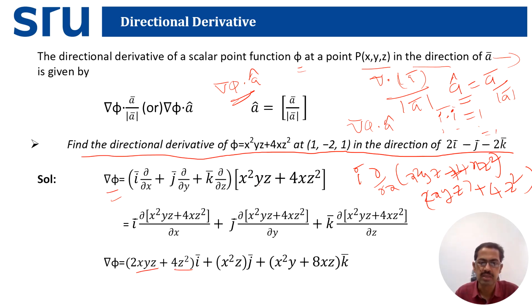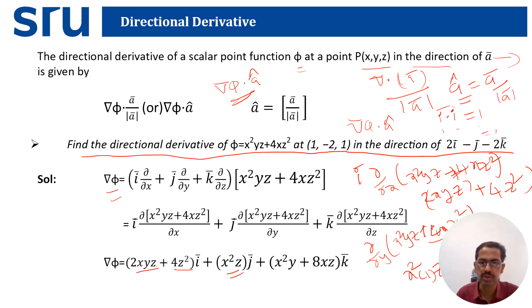Similarly, with respect to y, of x squared yz plus 4xz squared: x squared is constant, the derivative of y is 1, times z, and 4xz squared is totally constant, so that is 0. So x squared z.